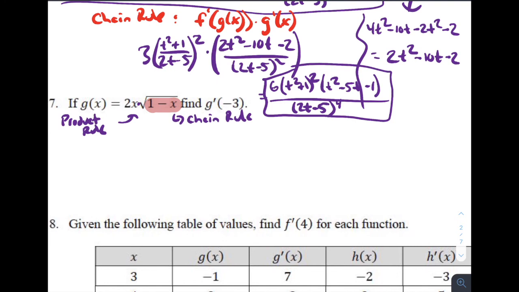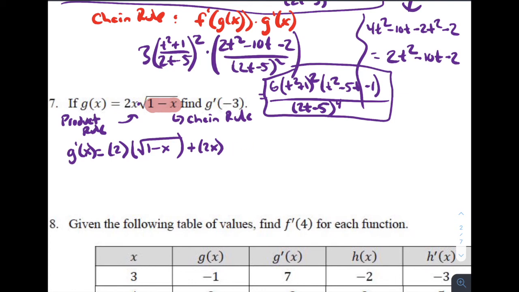So if I do my product rule here, the derivative of 2x, we're going to just call this whole derivative g prime of x. The derivative of 2x is 2. And if we multiply that by the original second function, that's the square root of 1 minus x, plus, because our product rule is f prime times g plus g prime times f, so plus our 2x times the derivative of the square root of 1 minus x.